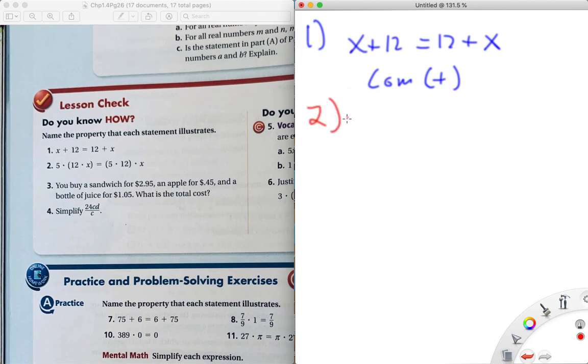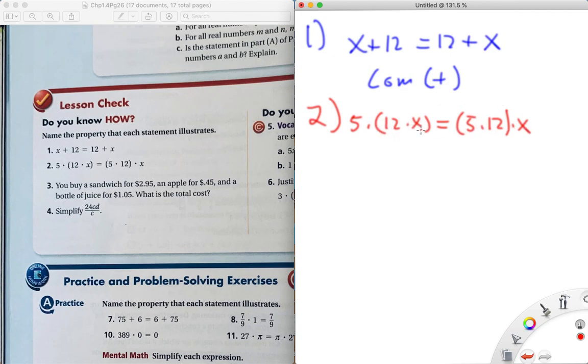2. We have 5 times 12 times x equals 5 times 12 times x. Notice that the order is not changed. 5 is first, 12 is second, x is third.